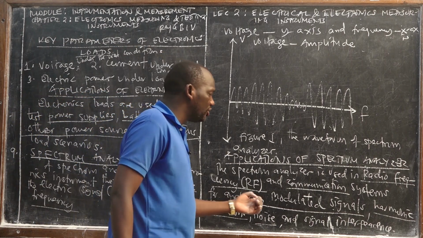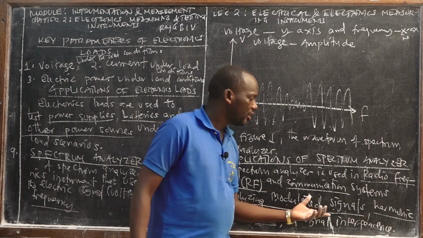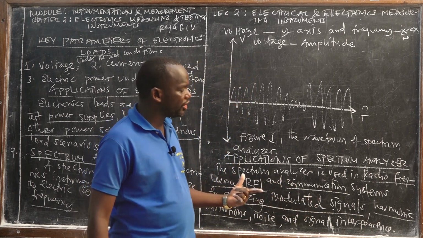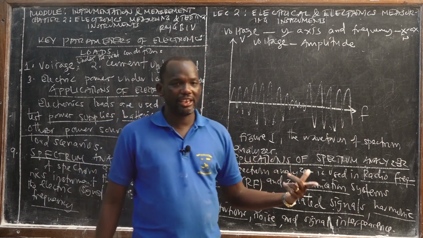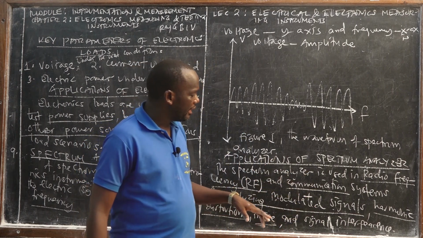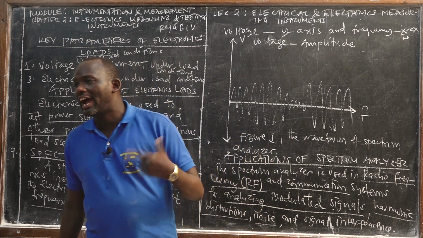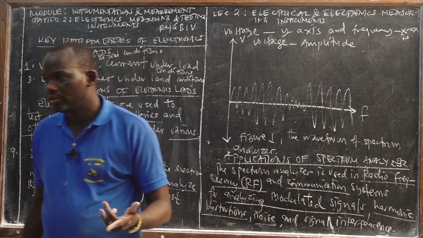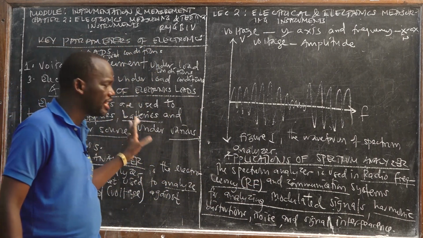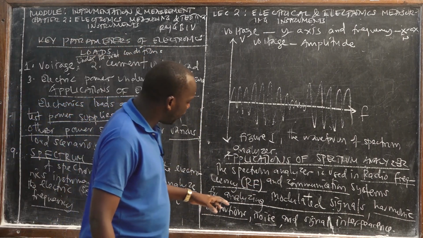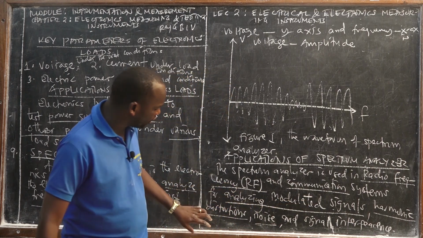When I communicate with my mother in the village, when my mobile phone propagates my information to the nearby base transceiver station, my voice will be modulated with a high frequency signal. That's called 3G, 3 gigahertz or 4 gigahertz. And then also it is analyzing harmonic distortions.